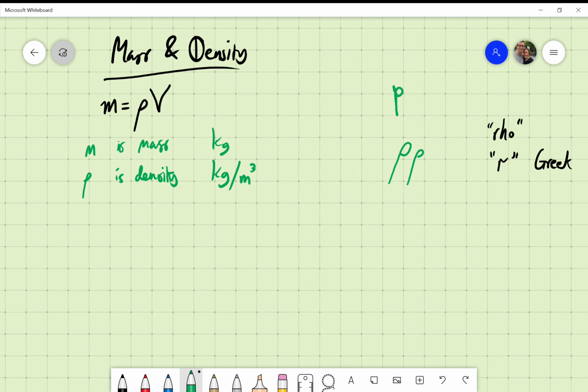But when I draw a rho, it's kind of a slanted one, and I don't show anything up top. If you do show that little tag up the top, then it just looks like the letter P. We don't want that. Now V is volume. Capital V, I'd say, is most likely to be used for volume. Lower v for velocity. And this is measured in meters cubed.